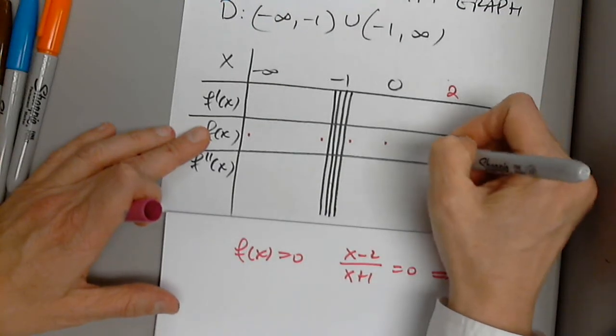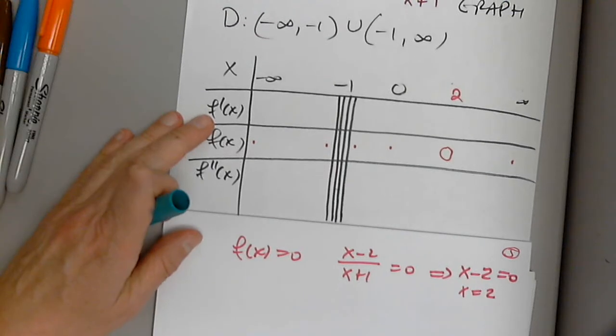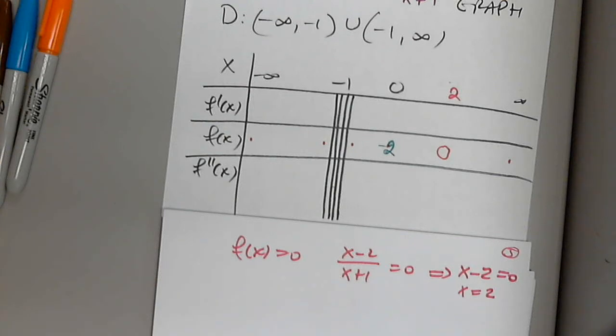So 2 comma 0. Now let's plug in 0 in this function. 0 minus 2 over 1. How much is that? Negative 2. Perfect. So when x is 0, y is negative 2.